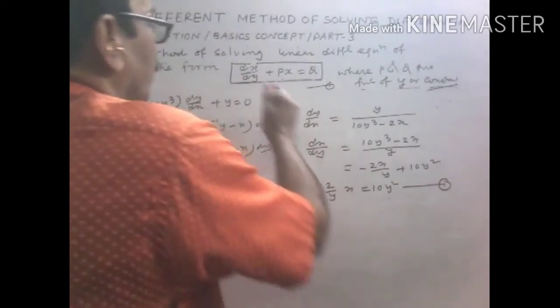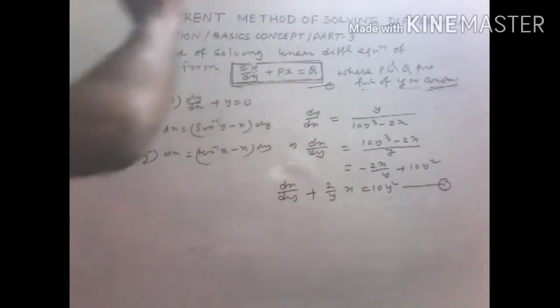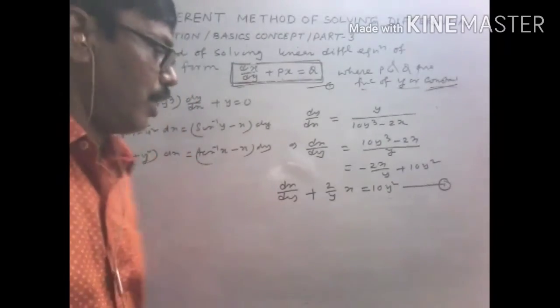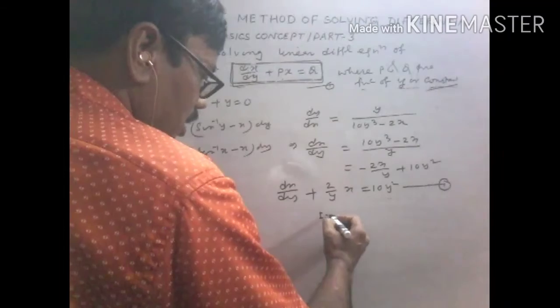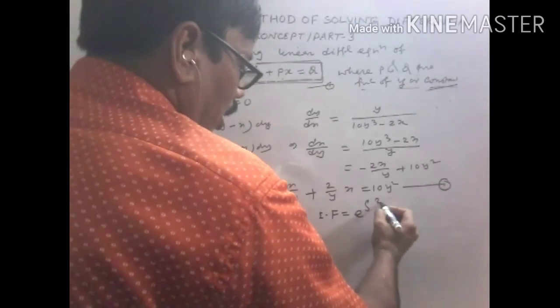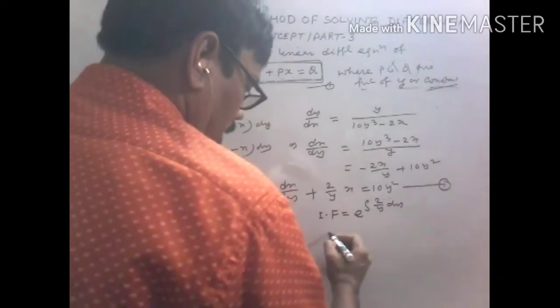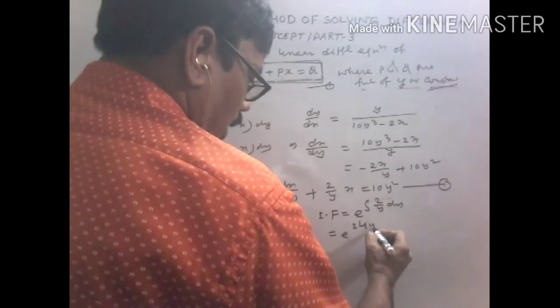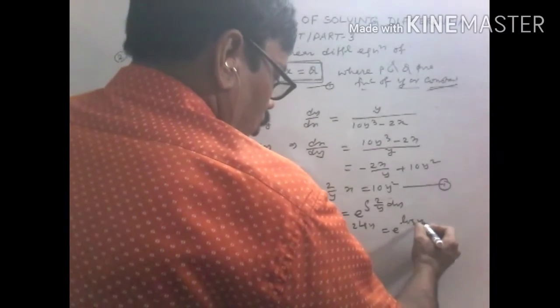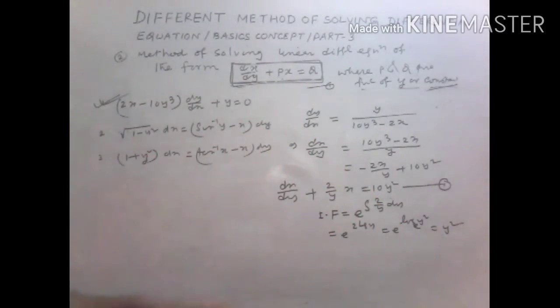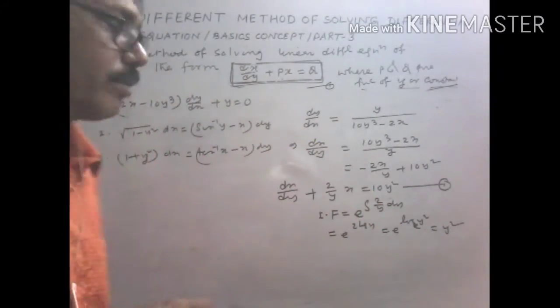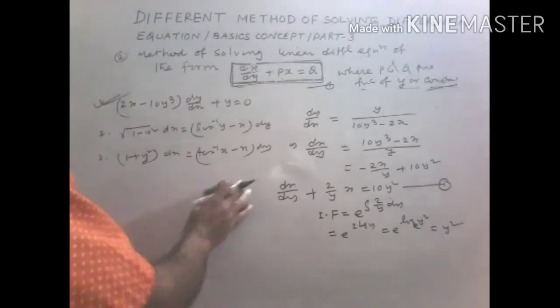Now look, initially it is not in standard form, but now you can put it in the standard form. So here variable y is replaced by x. So what is the integrating factor? e to the power ∫2/y dy, so e to the power 2 log y, so e to the power log y square. So this is y square. So the integrating factor is y square.